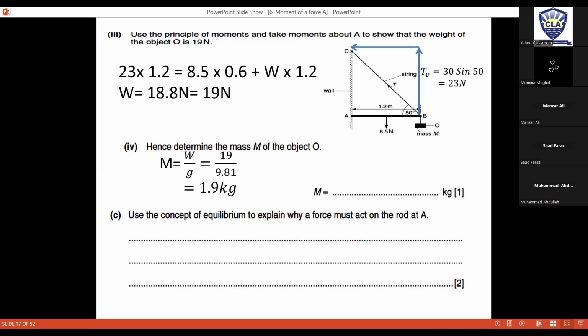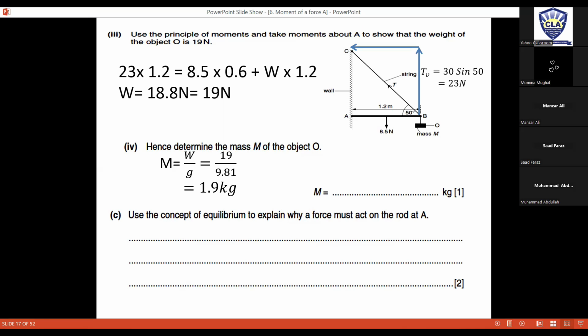Now, if you observe, upward forces are not equal to downward forces, and similarly the horizontal component of tension is not balanced. They ask us to use the concept of equilibrium to explain why a force must act on the rod at A. Now, that force was not considered in moments. Why? Because A is the pivot, and if any force is acting at the pivot, it will have no moment. So in the first case we didn't consider it.